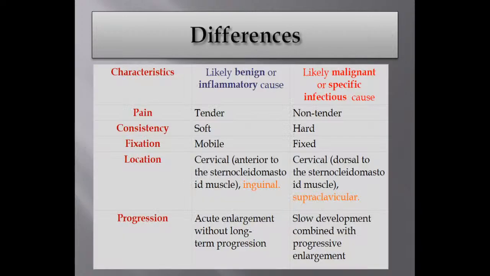And here you can see the differences between benign and malignant enlarged lymph nodes according to the pain. If it's a benign inflammatory process, it has to be tender, soft, mobile, and if it's malignant one, it's non-tender, hard, and fixed.